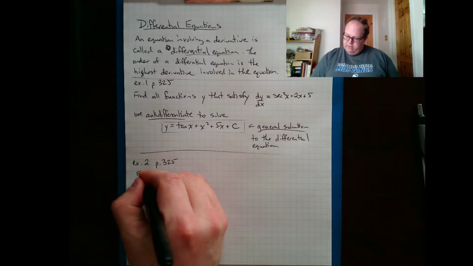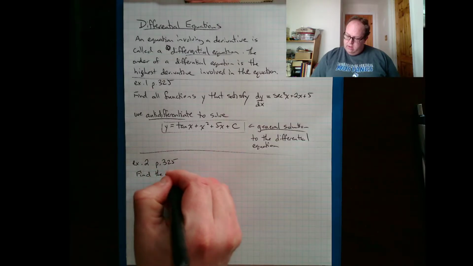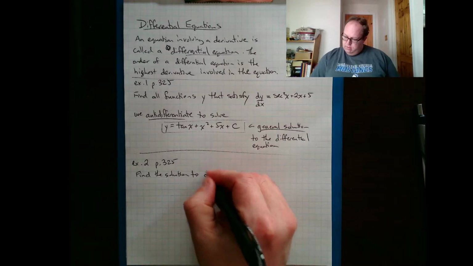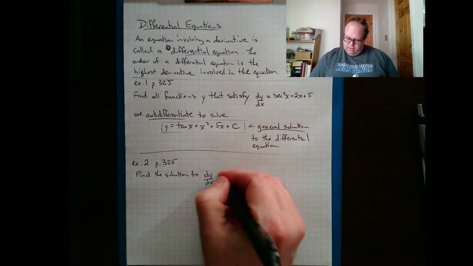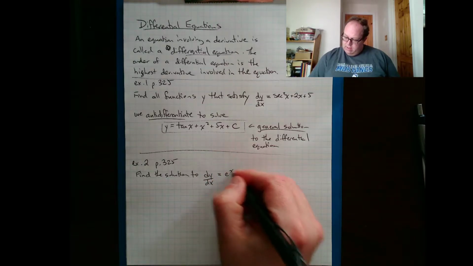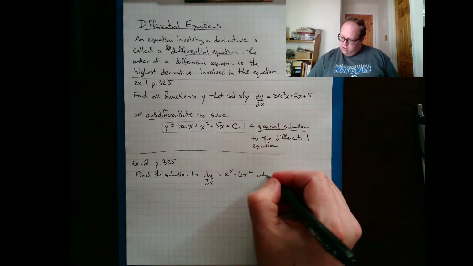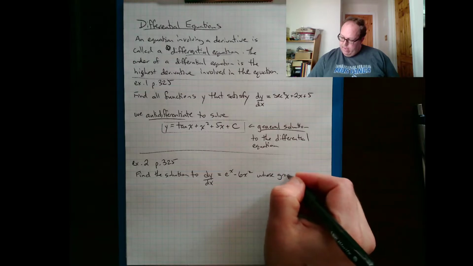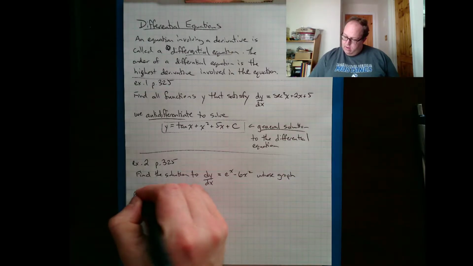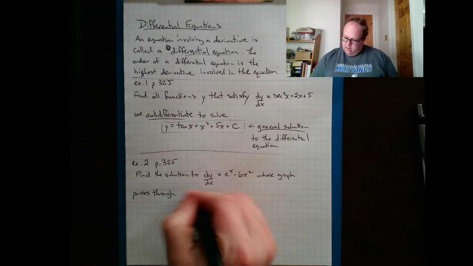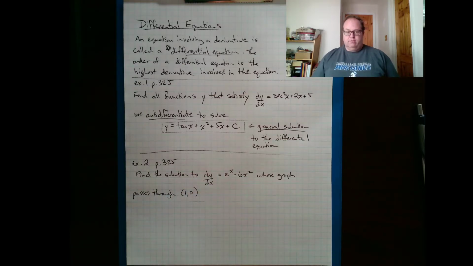So in here we're asked to find the solution to the differential equation dy dx equals e to the x minus 6x squared, whose graph passes through the point 1 and 0.